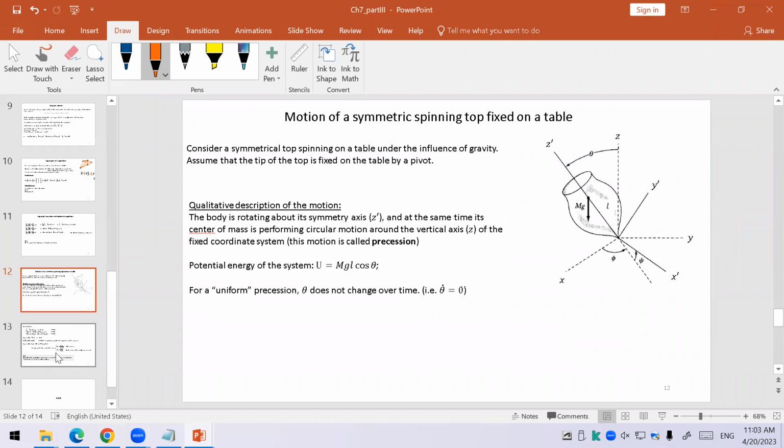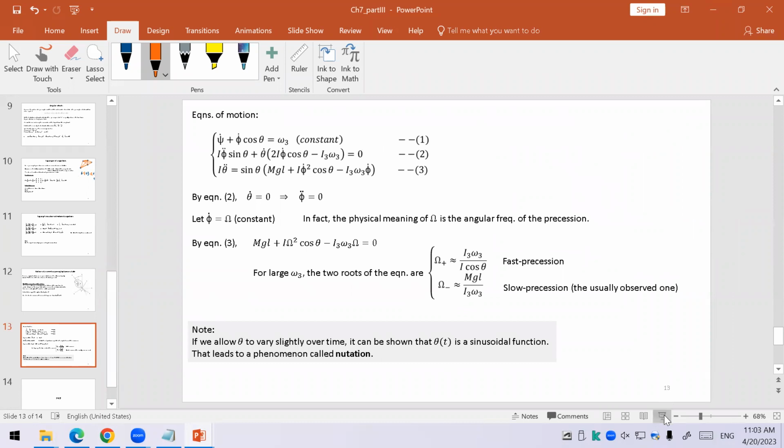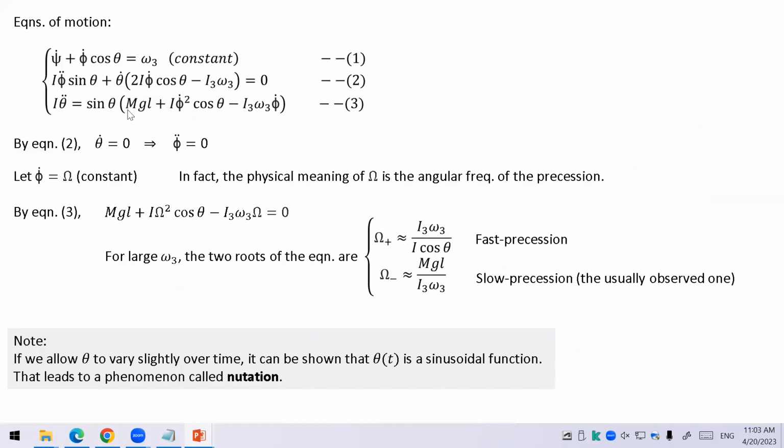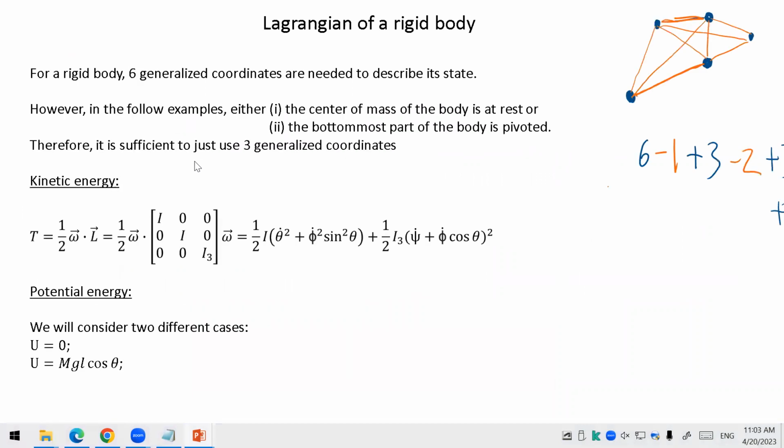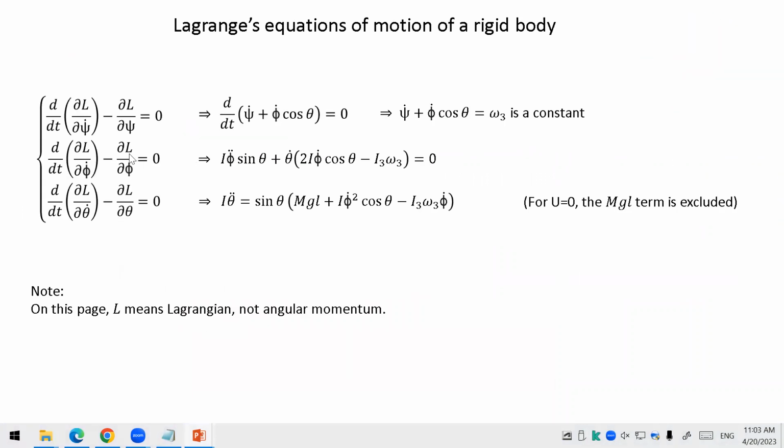Okay, but before that, let me show you the form of the Lagrange equations. The Lagrange equations really are nothing new. We just use the exact same form of the Lagrange equation, no matter how complicated it is, for your set of generalized coordinates.